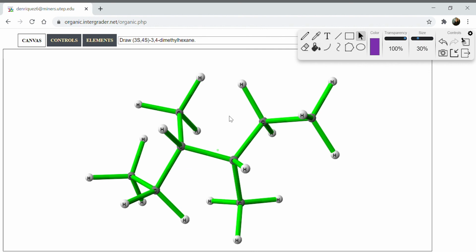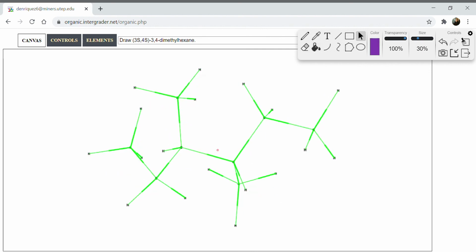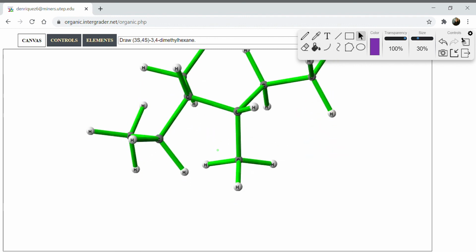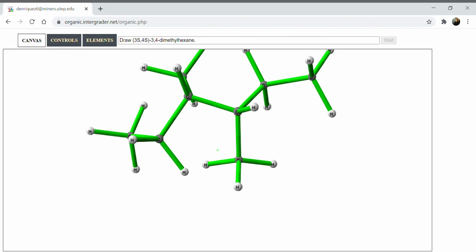So this would be 1, 2, 3. It would be going around this way. That's the R position, but since the hydrogen is poking out front, we're going to do the opposite, and it's actually going to be S. So that's correct. And let's see if it's right.